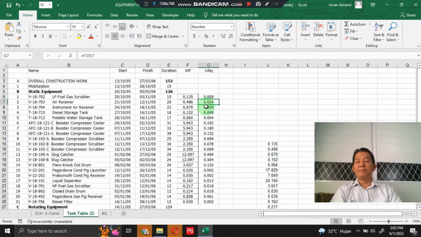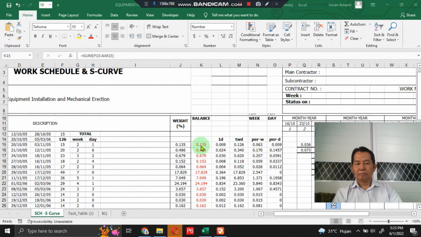Then the same applies to other cells in this section. The cell with the red number is the weight factor based on contract price, as well as the total number of weight factors in this work schedule.